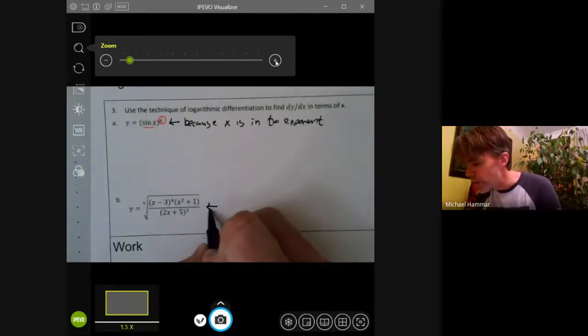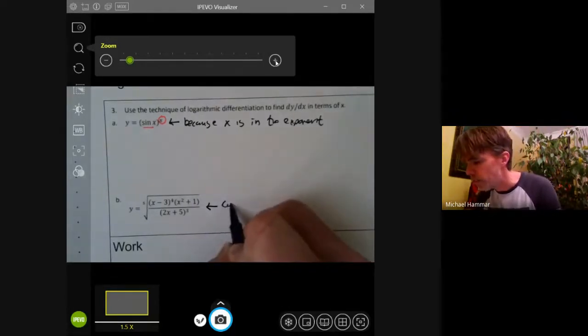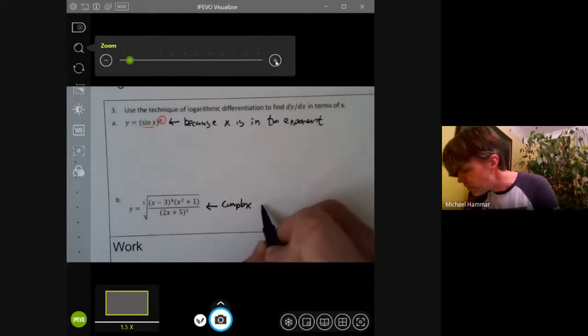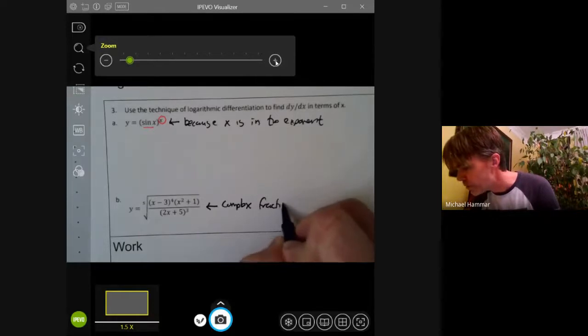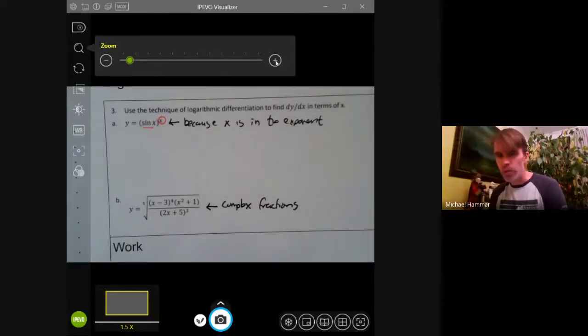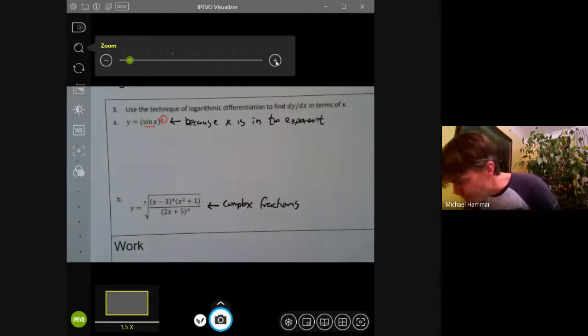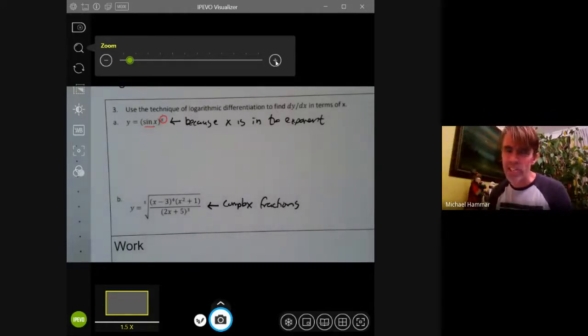The other reason is when you have complex fractions. If you take a look at this, notice we have a lot of very complex fraction stuff going on here. It's also under a fifth root, so it makes everything very complicated.